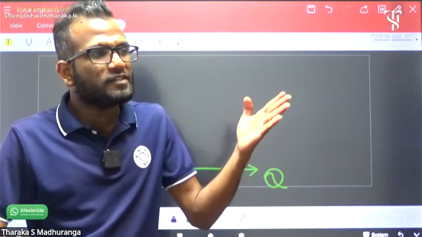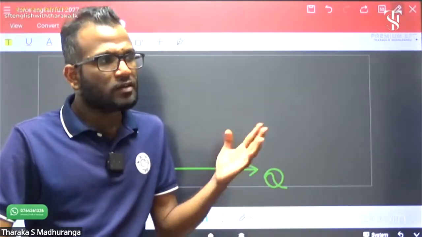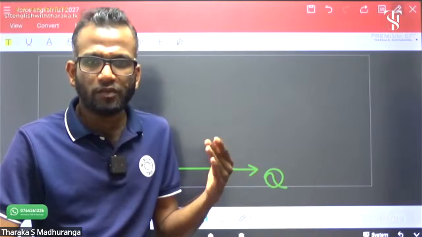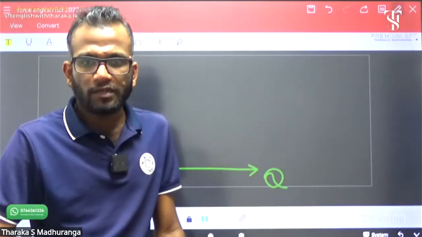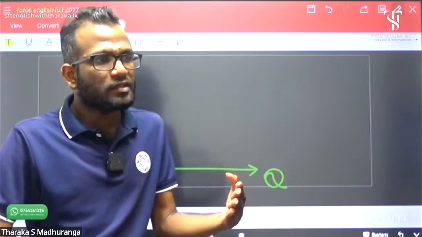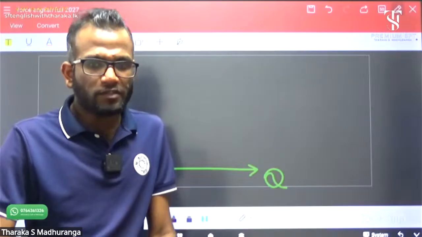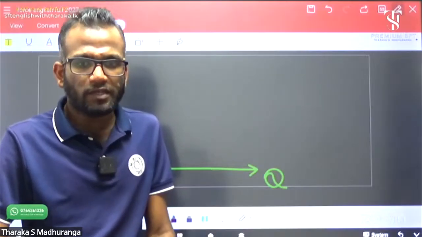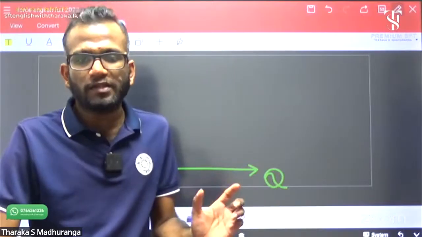For 2025, in the first 5 months we did only 1 day per week. In the final 6 months we got 2 days, and in the final 3 months we got 3 days per week. But now you have only about 6 months.